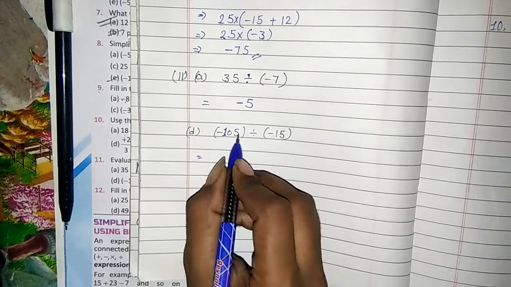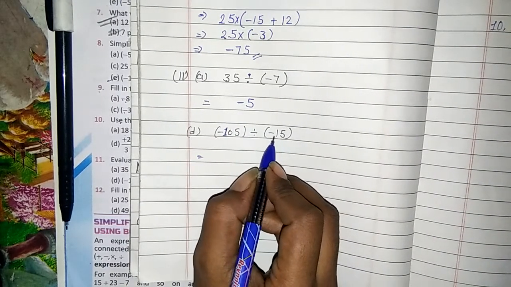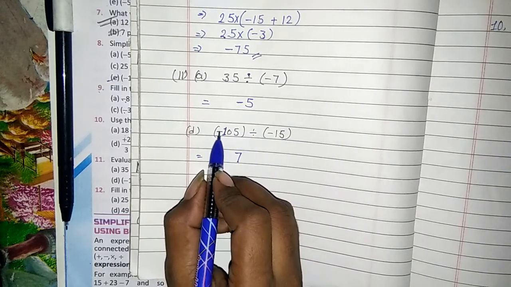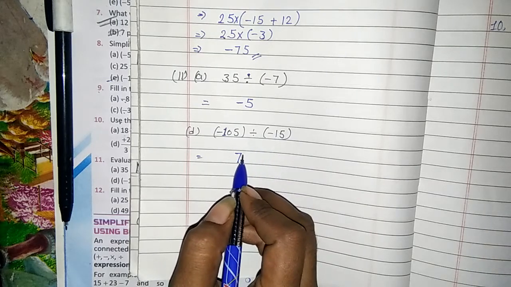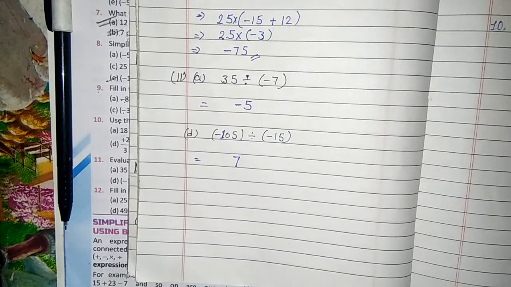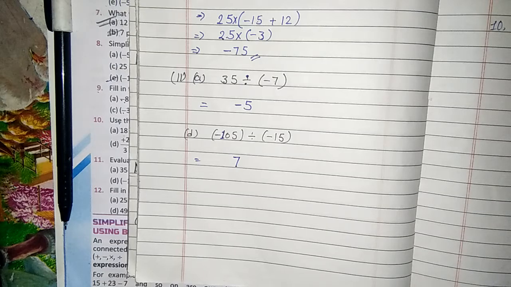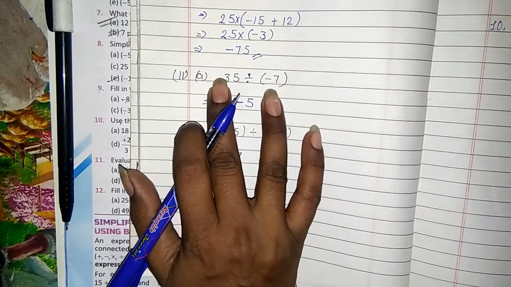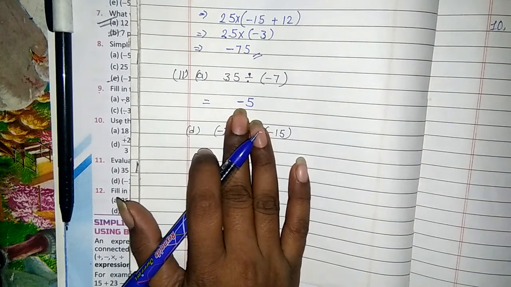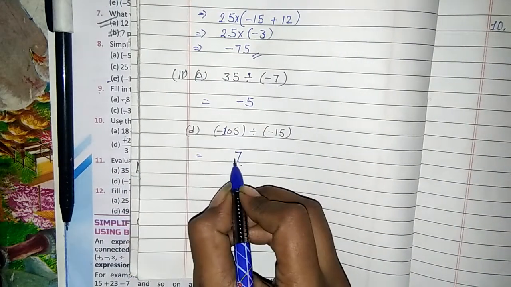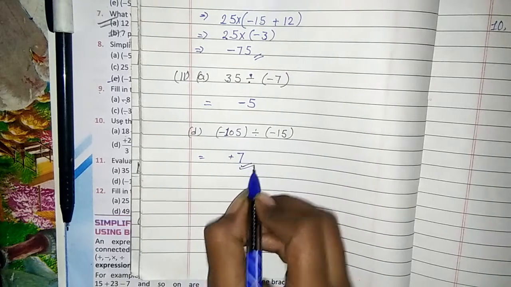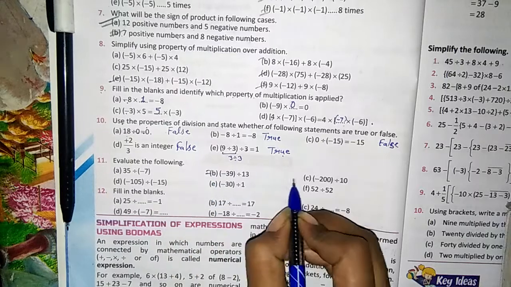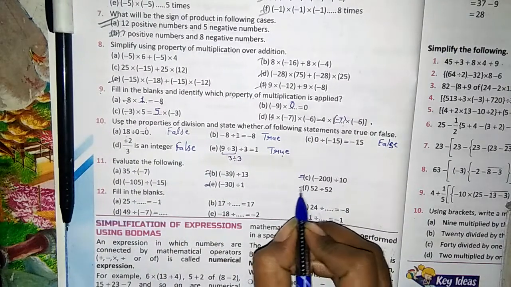Thus firstly we will forget the negative number, and we know that 15 sevens are 105. So here came 7. And see carefully, both number are negative. When both numbers have the same sign, when we divide, if the sign is same then the answer will be positive, and if the sign is different, one positive and one negative, in that condition our answer will be negative. So here answer will be positive. Okay, it will remain positive. It is positive 7. Clear? Same as you will solve D, C, E and F.